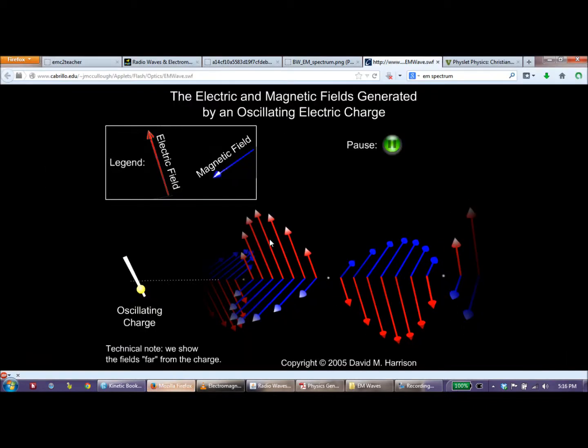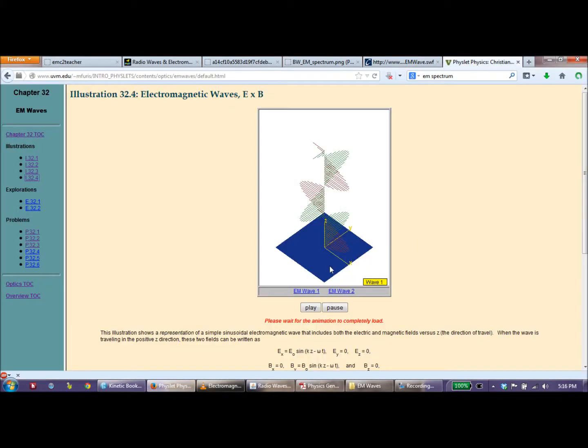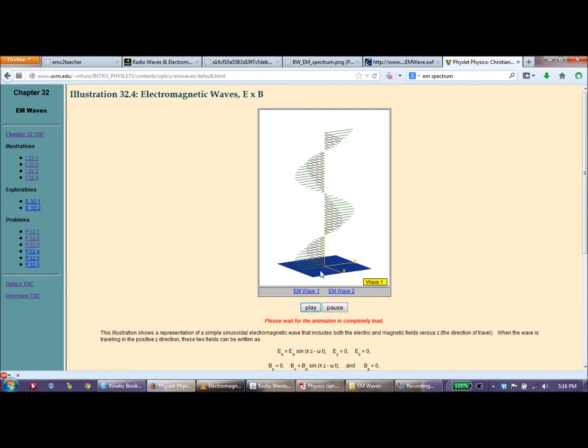Another way to see this is here, and I can rotate this around. So here we have our electric field in red and our magnetic field in blue, and they are always going to stay perpendicular as that wave moves.